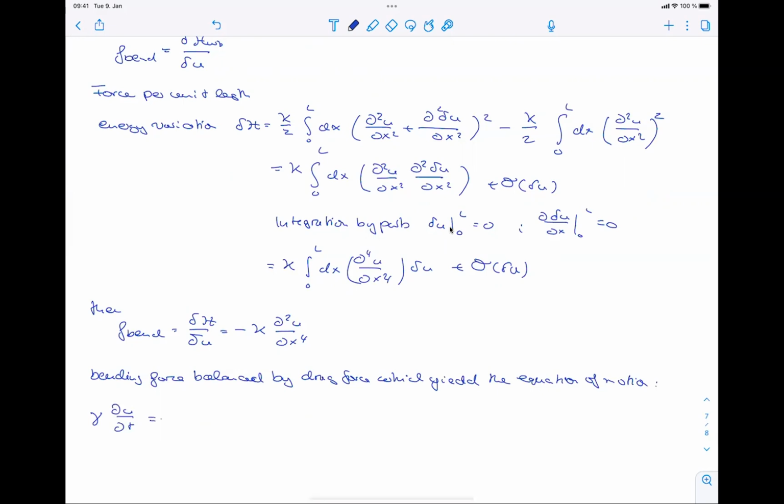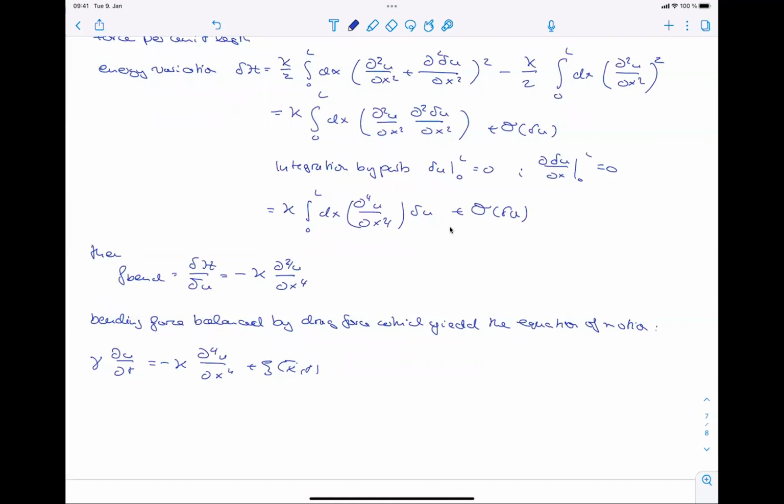So this is then minus kappa d4 u dx4 plus a random noise. And where now here the damping gamma we take as 4 pi eta, eta being the fluid's viscosity of the surrounding material.